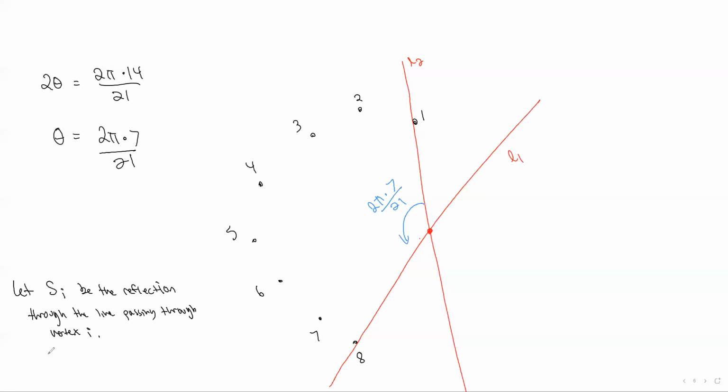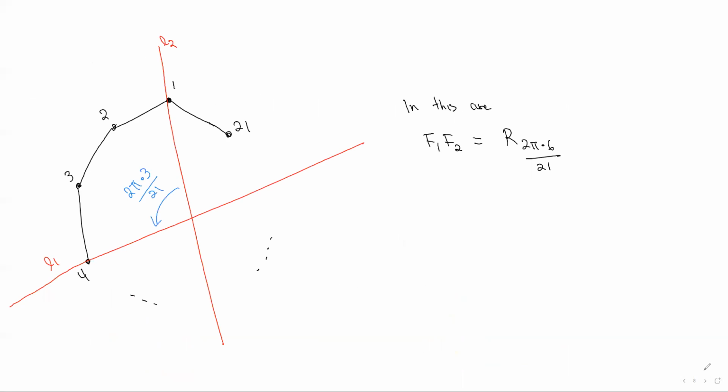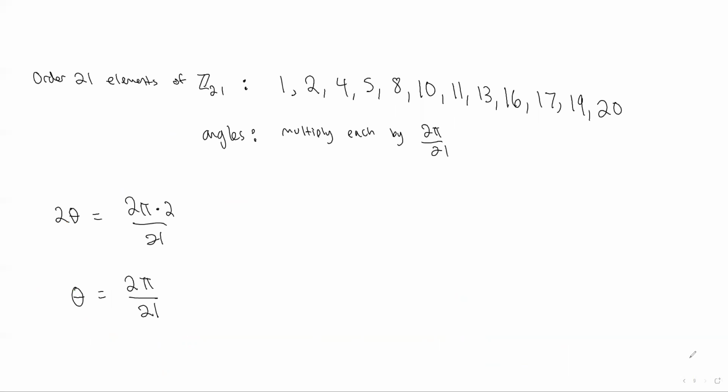And then you can just easily write, let F1 be S8 and let F2 be S1. So that's much easier than drawing these pictures, but I just drew them because it wasn't that bad. But in some situations, the dihedral group might have a lot of elements and you won't be able to. Okay, and now it's really 2 pi over 21.